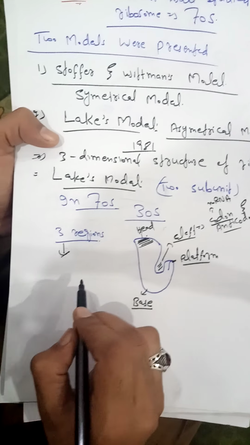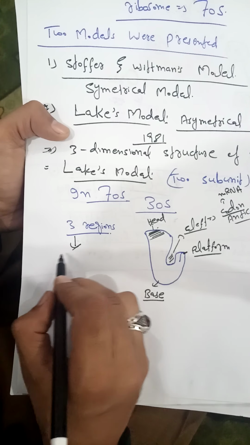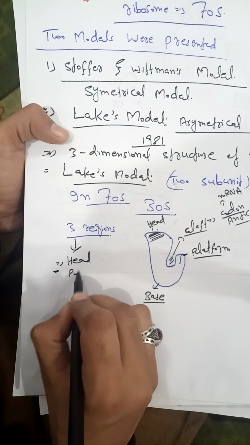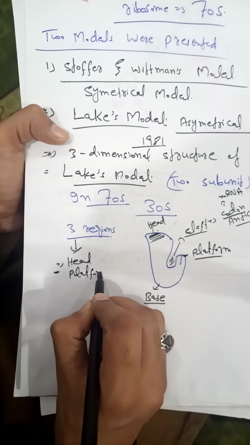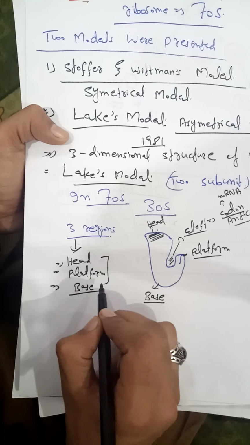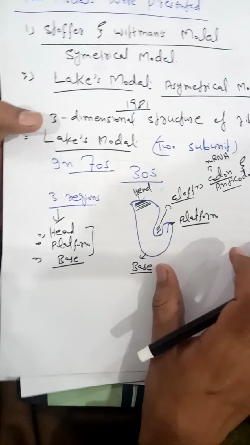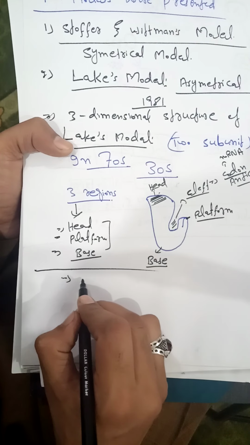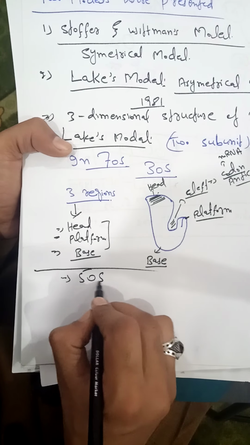So the three regions will be the head, the platform, and the base. You will see these three regions in any article or book. Now the second one is the 50S subunit.